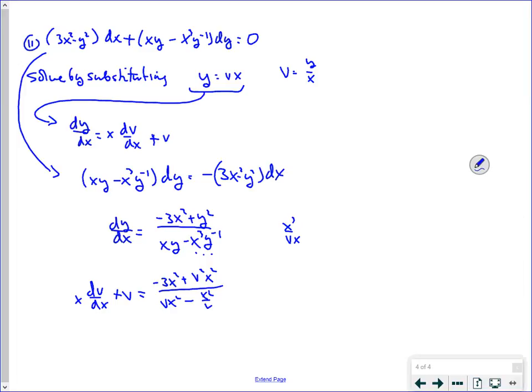So let's see here. We need to simplify this. This is going to be a separable equation, but it's still got a little bit of separation to do here. We can factor on the right-hand side, I can factor an x squared out on top and on the bottom. And I'm left with minus 3.